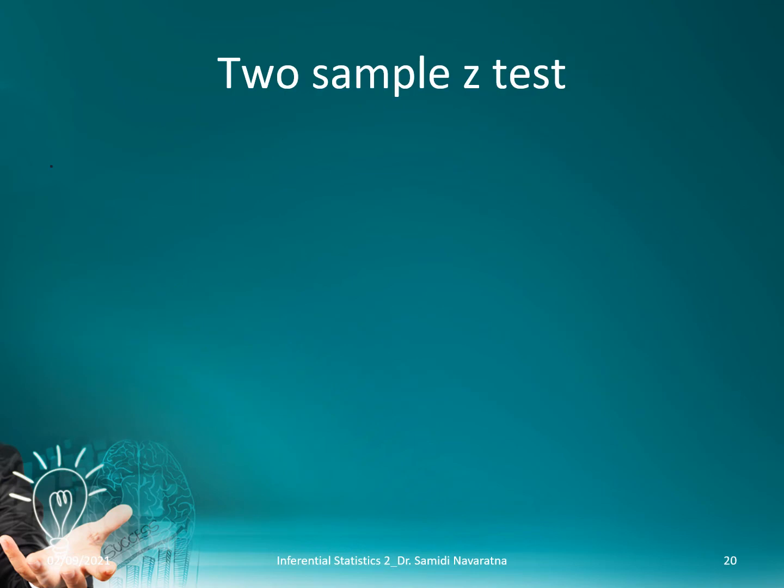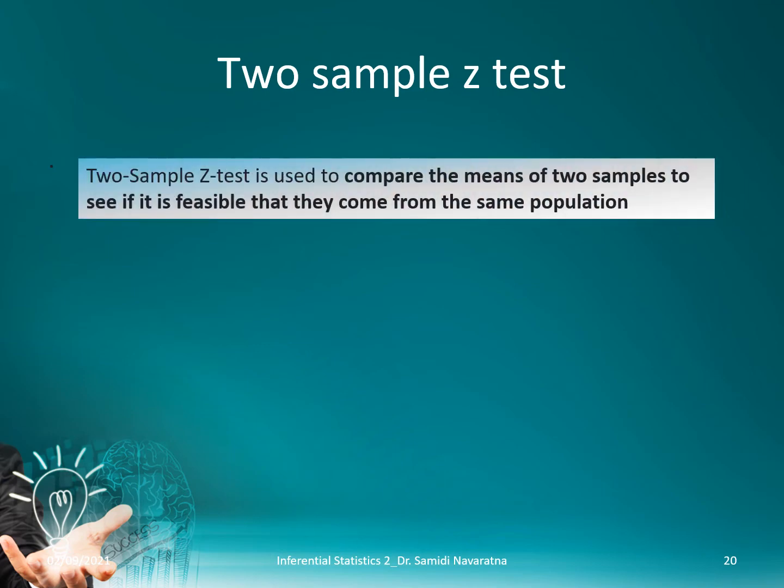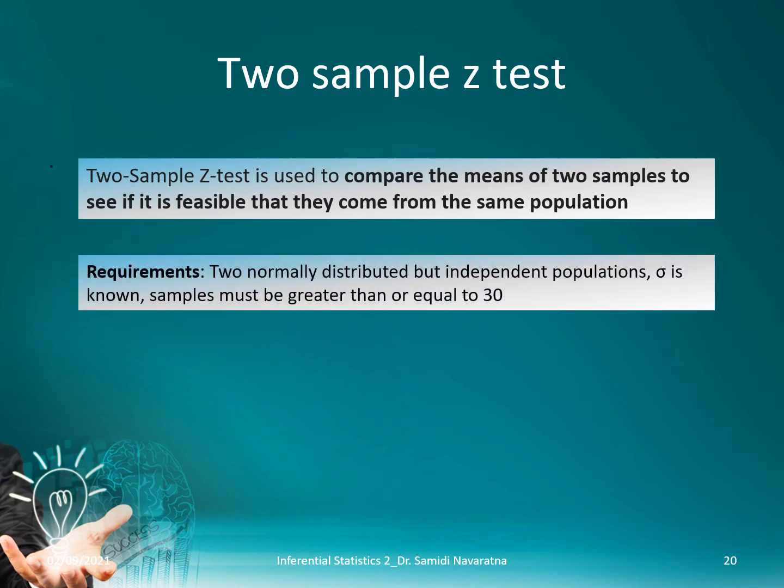So let's look at the two sample Z test now. The two sample Z test is used to compare the two means of two samples to see if it is feasible that they come from the same population. The requirements for this test are two normally distributed but independent populations.